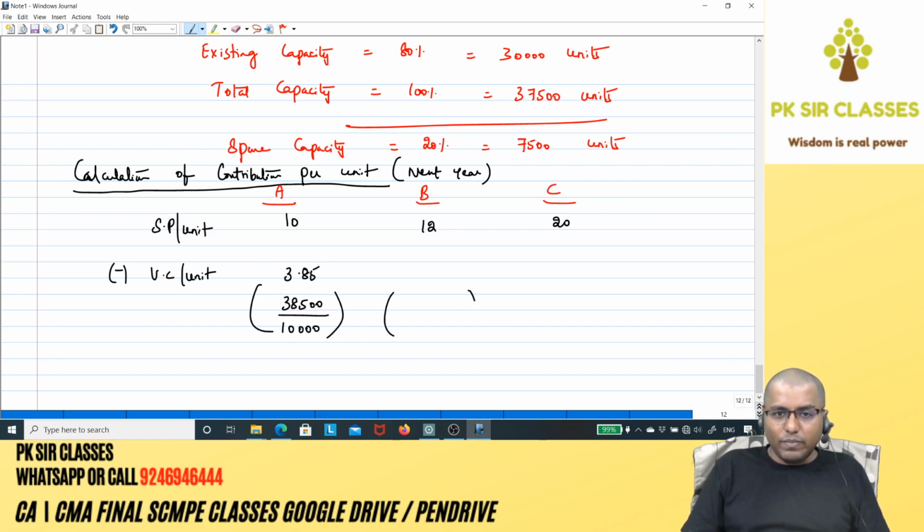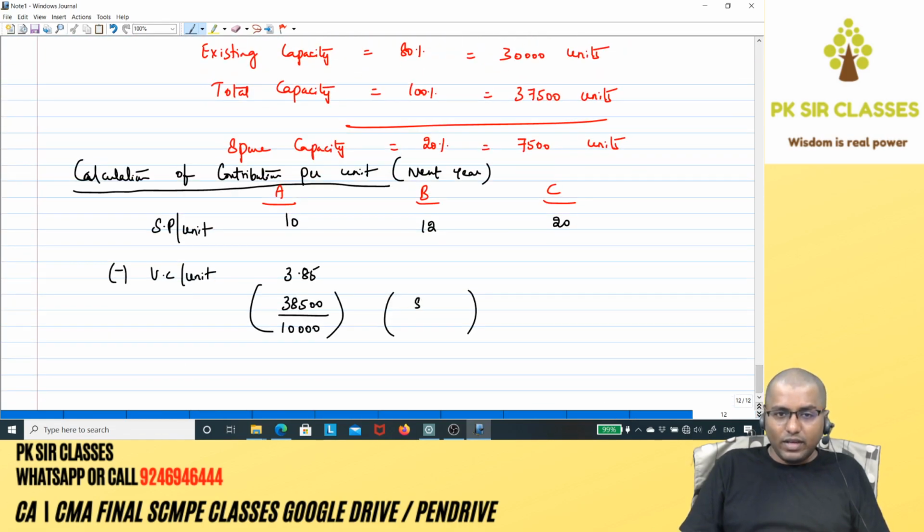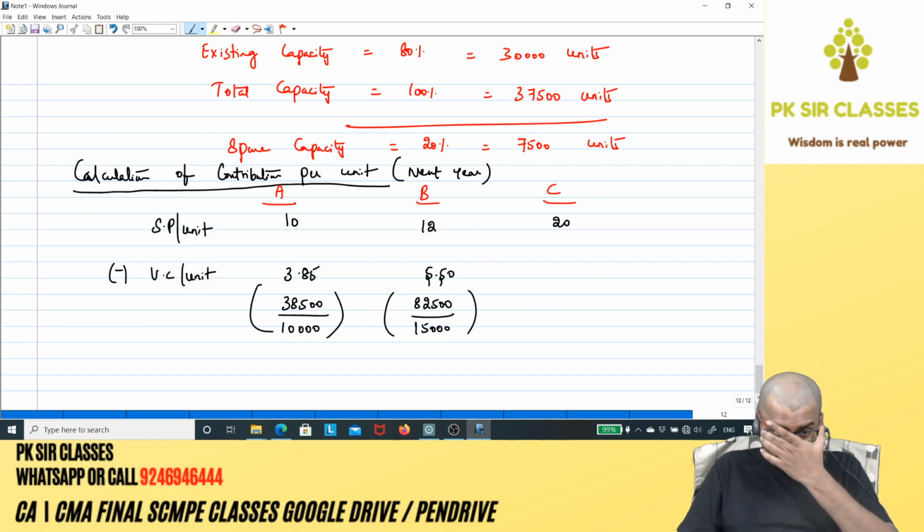Next, coming on to B. The total variable cost in the next year after the 10% increase is 82,500. 82,500 divided by how many units of B? 15,000 units. So variable cost per unit is 5.5.